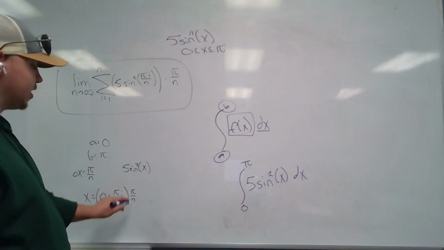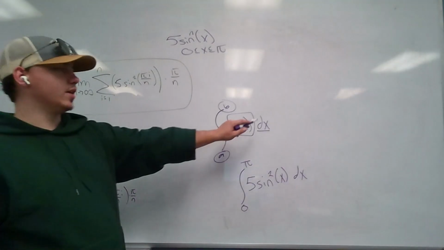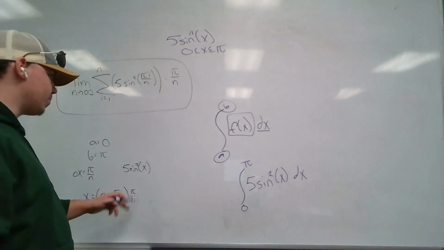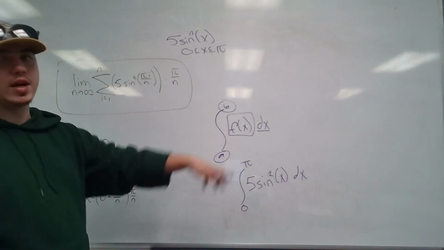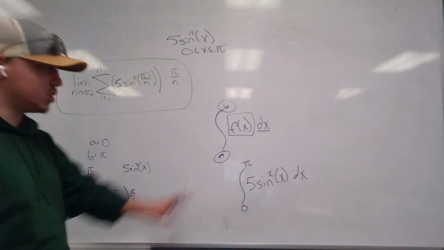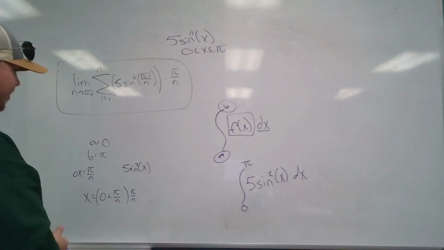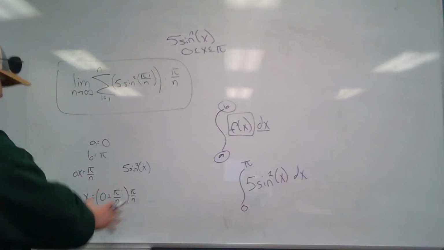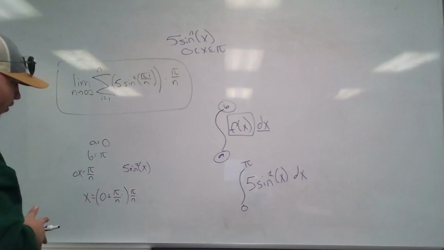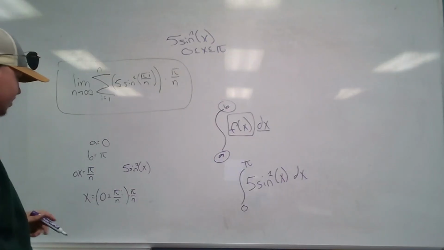Now there is a connection here. The derivative right here, dx, is technically our pi over n, just in the notation, we don't actually have to think about it. Like I said, just ignore dx. Don't think about it. So now that we have this, we have successfully converted our thing into another notation.